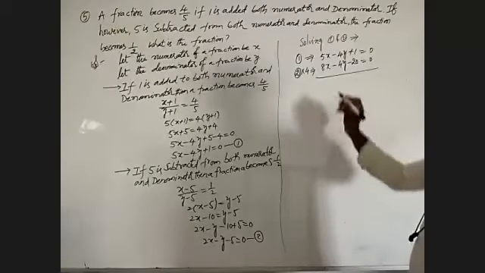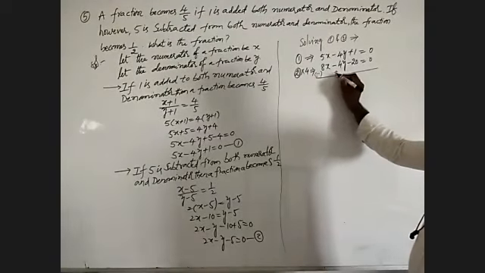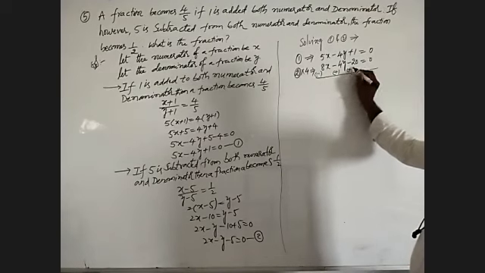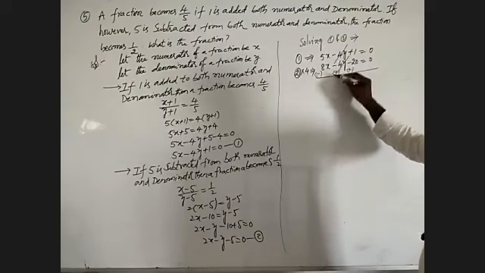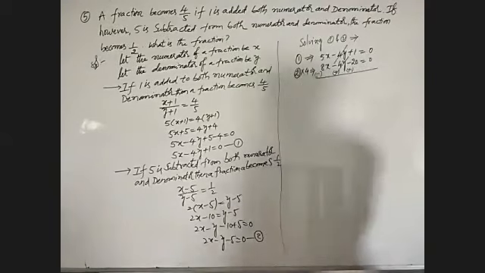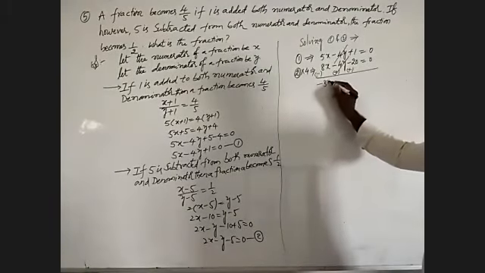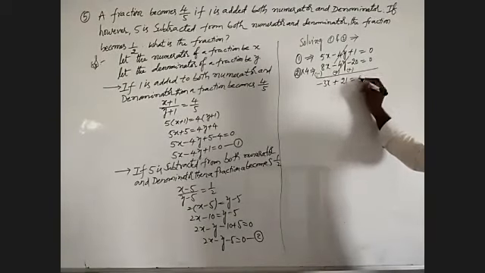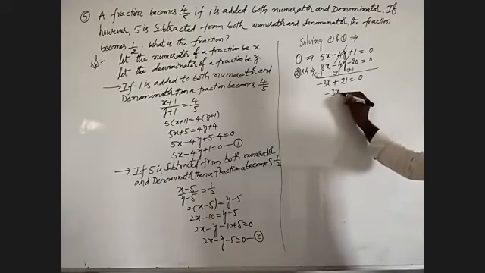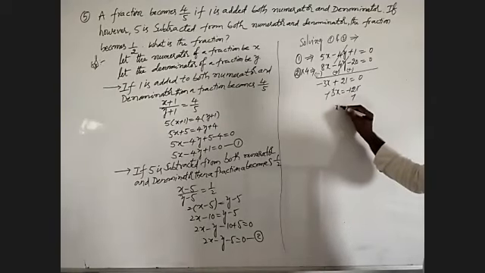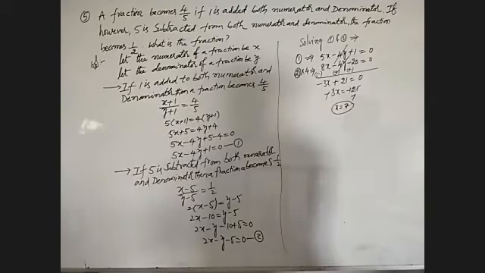We have to subtract: minus 4y and plus 4y cancel, minus 3x plus 21 will become 0, minus 3x is equal to minus 21, minus and minus cancel, 3 ones, 3 sevens, that is x is equal to 7.